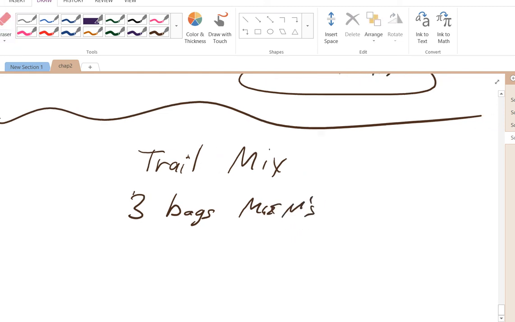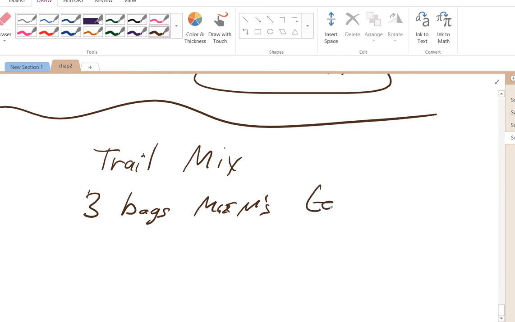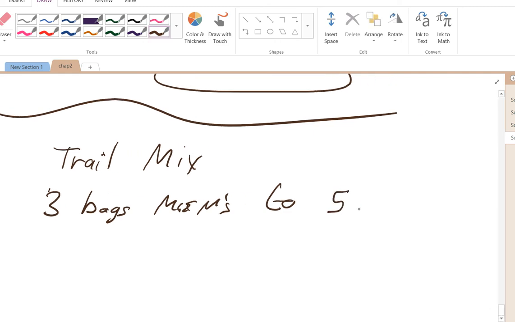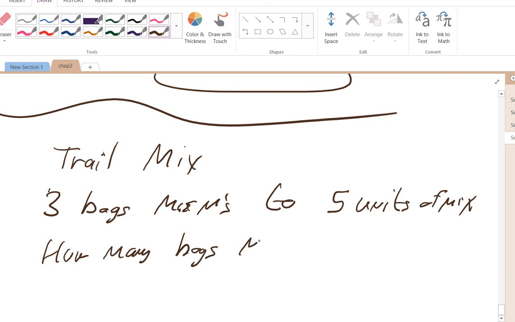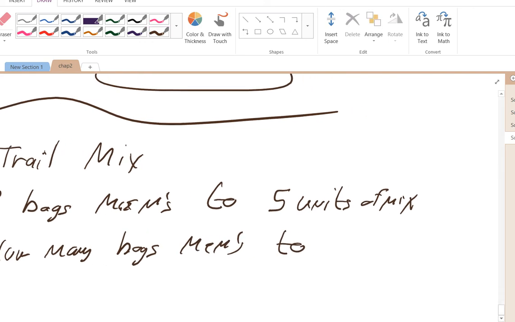Okay. 3 bags of M&Ms to, we'll just say 5 units. I don't know what the units would be of mix. Okay, total mix. And we want to know how many bags of M&Ms to 9 units. We're going to make a bunch.